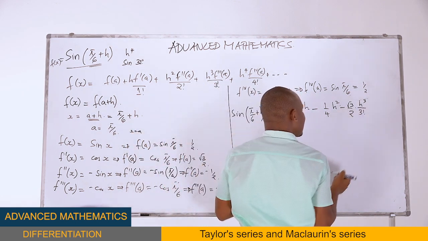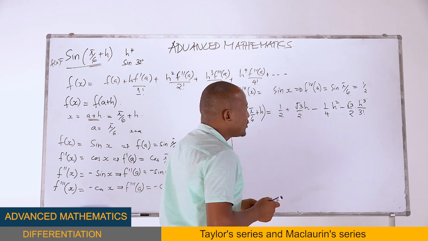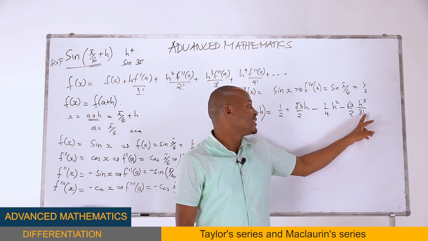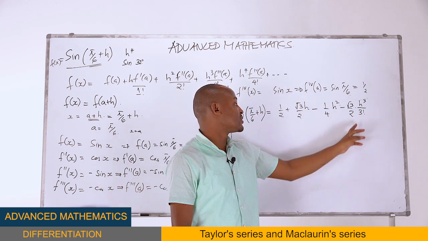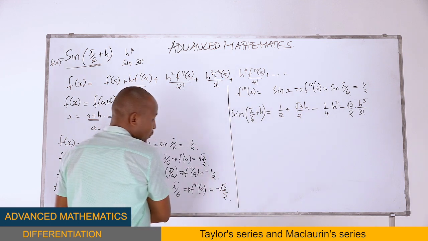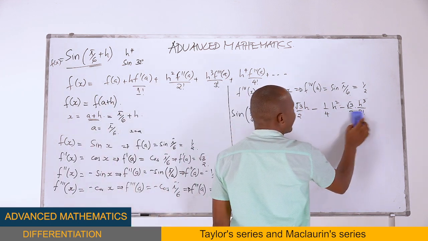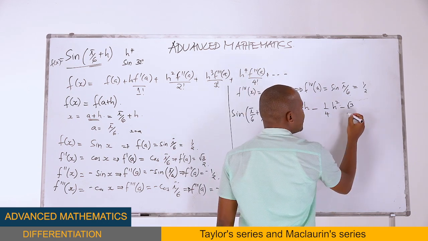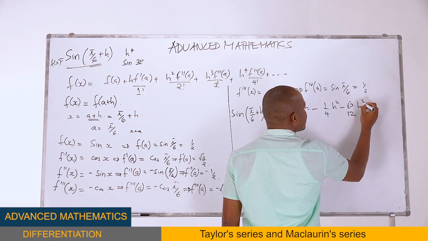If you find the product, 3 times 2 is 6, and times 2 it is 12. So we can write that as over 12, then h raised to 3.